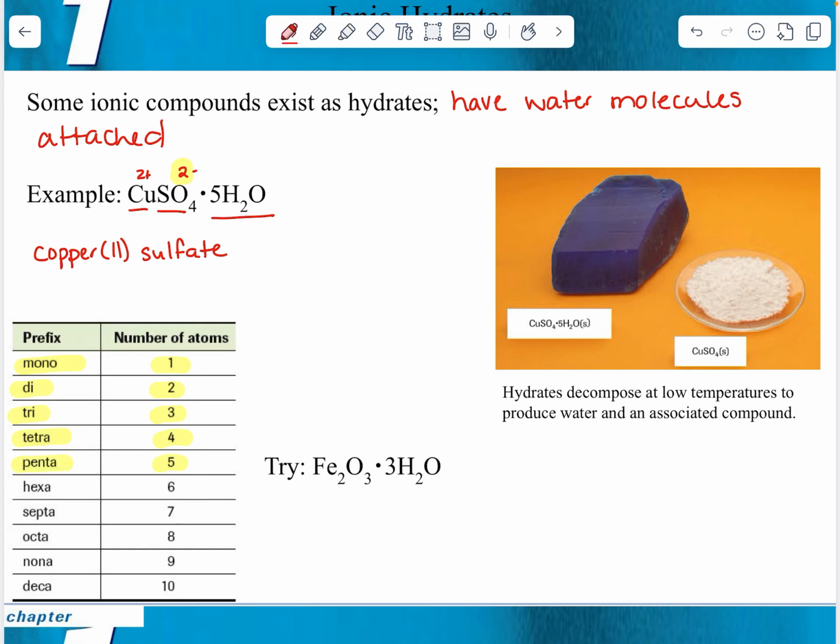So since I have 5 waters, I would say penta for 5. And then it's a hydrate, so pentahydrate, which really means I have 5 waters in that formula. So the whole name altogether would be copper 2 sulfate pentahydrate.